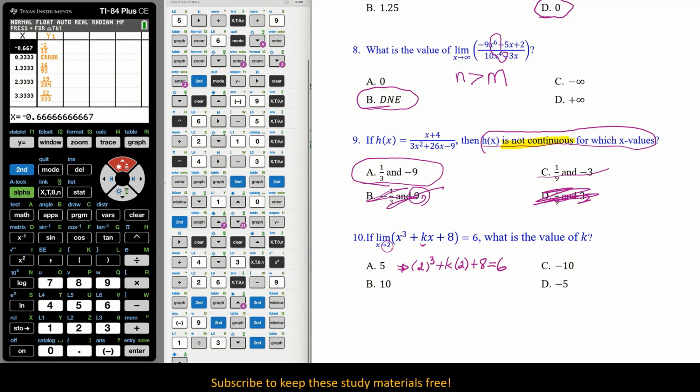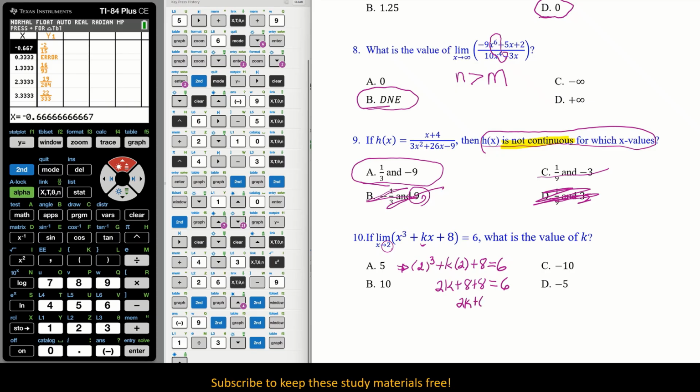Now we just simply solve it algebraically, okay? So what do we have? 2k plus 2 to the third power is 8. 8 plus 8 equals 6.